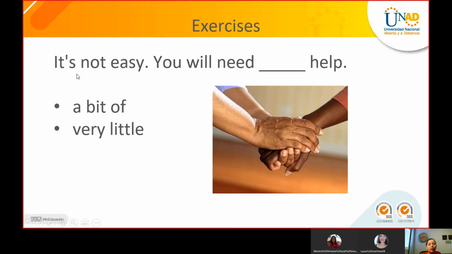Okay. And here in the first sentence, it says it's not easy. ¿No es fácil? Exactly. Entiendo.